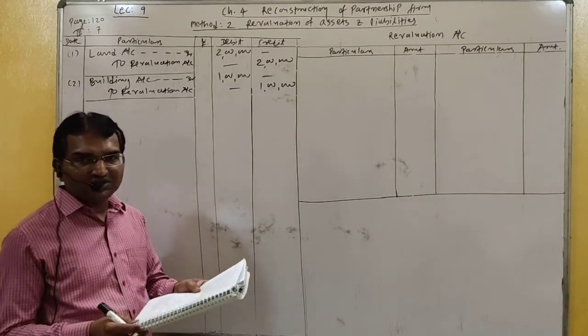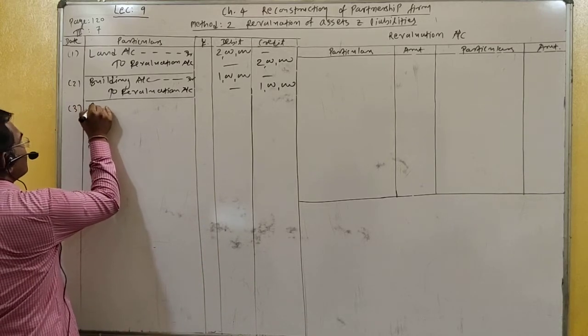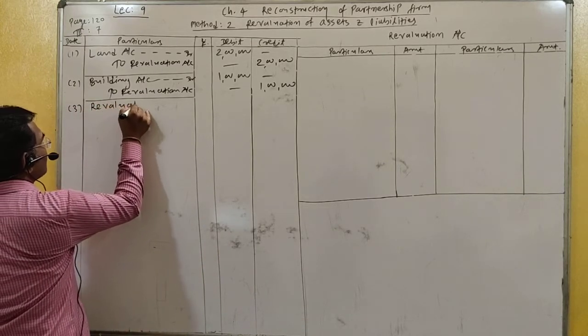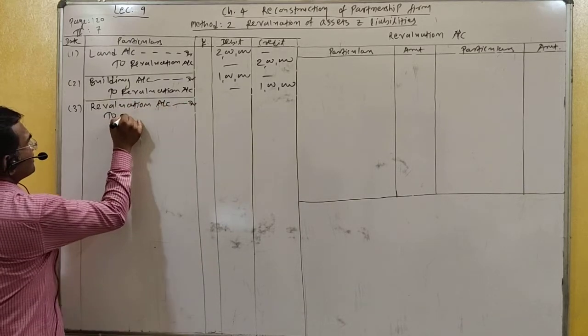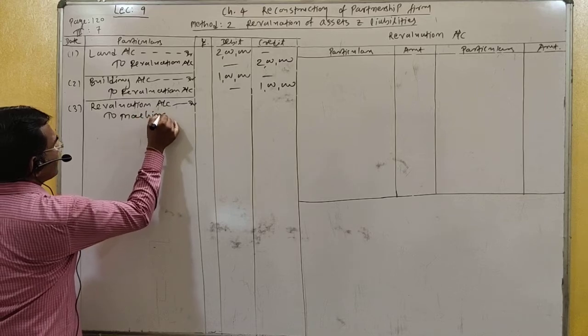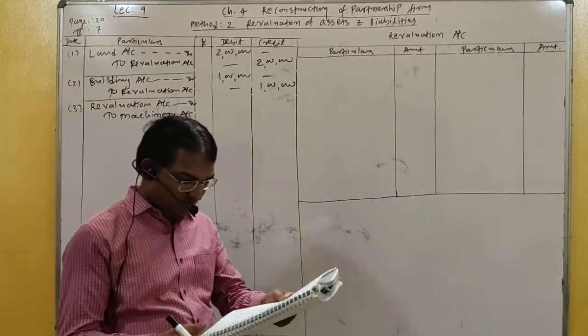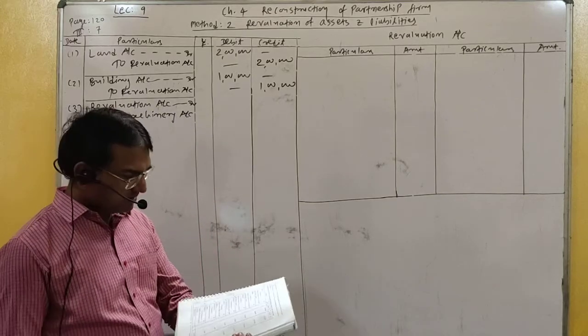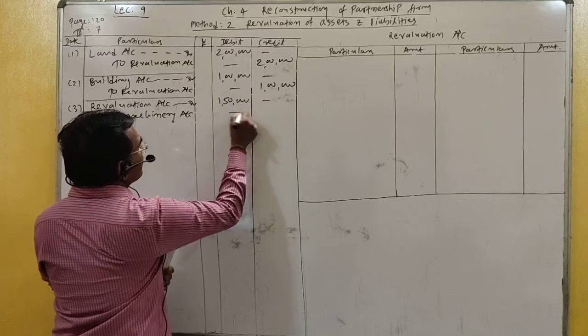So revaluation account debit to machine account. Your third journal entry, revaluation account debit to machinery account. How much rupees decrease? Difference: 4 lakh minus 2,50,000 is equal to 1,50,000 decrease in machinery. Right?